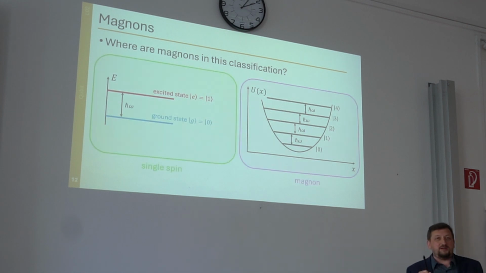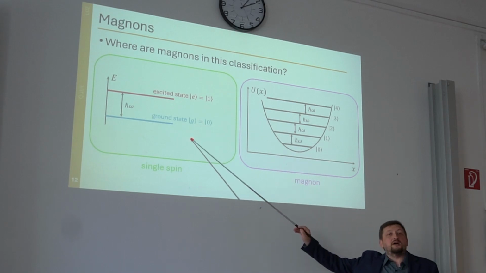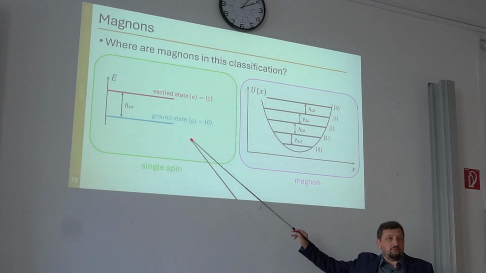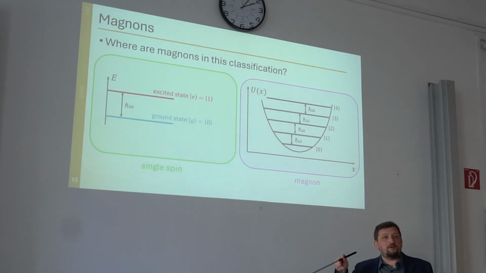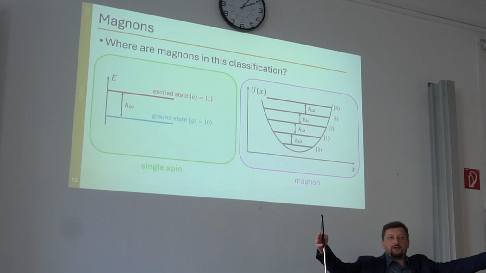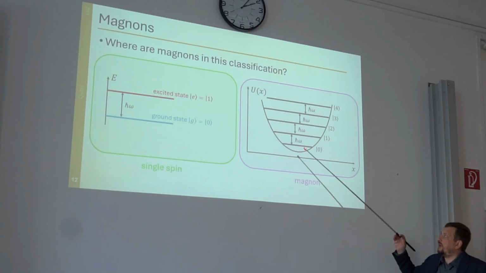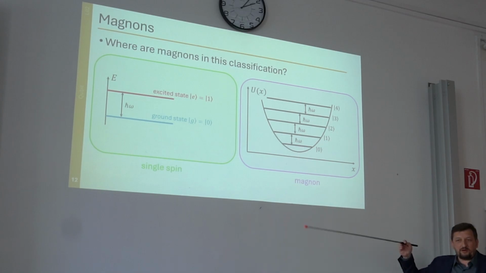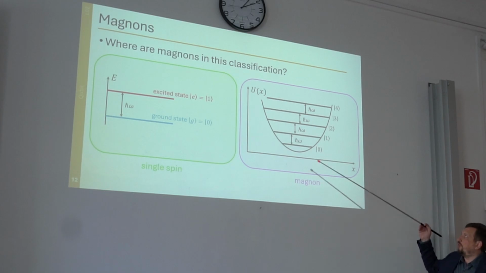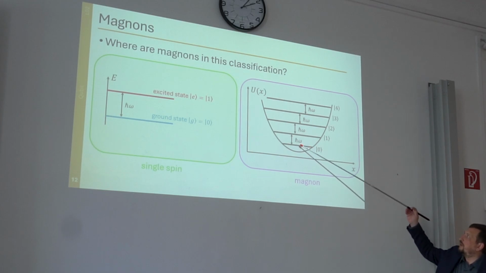So there is a big distinction between an individual spin and a magnon. An individual spin is a very nice model of a qubit. But a magnon is a collective excitation. We have many, on the order of 10 to the 18, spins. If we flip one spin in this array, if we flip it properly, as I showed in the last public lecture, we will go to this state, we will have one magnon.